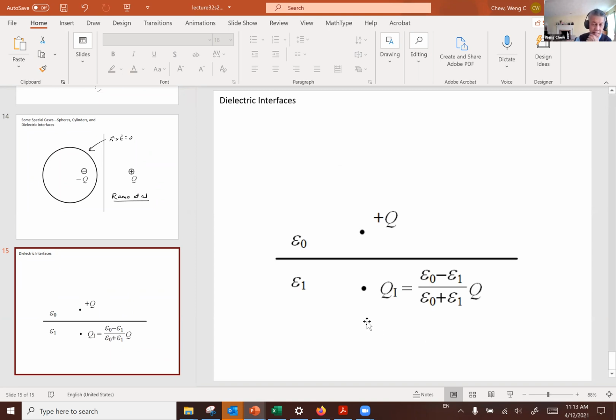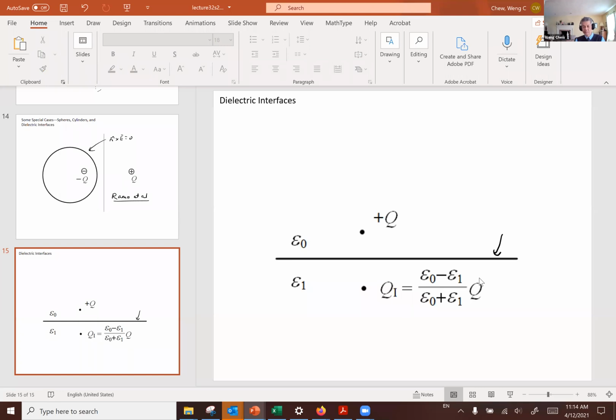That is, if you have a dielectric interface, a positive charge over there and a negative charge over there, and if you pick the strength of this image charge to be given by this thing over here, you can show that the boundary condition is satisfied on this surface. What is the boundary condition that we should have on this surface? It's not the PEC now.